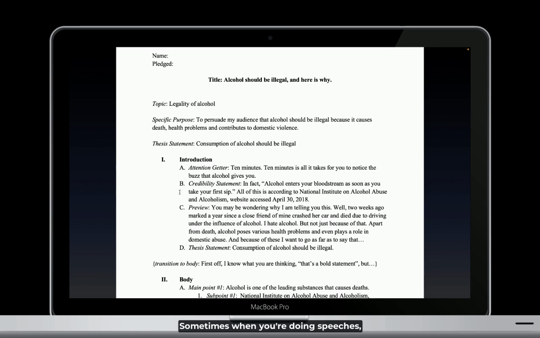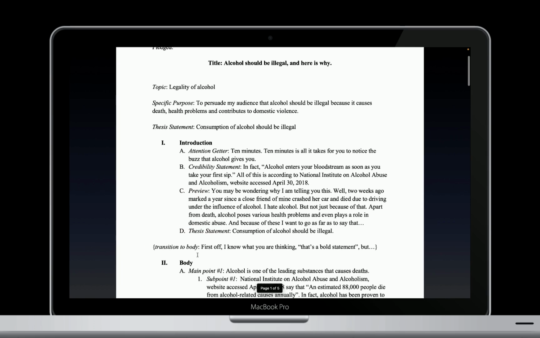Sometimes when you're doing speeches, especially persuasive ones, you want to include some kind of research in your introduction to establish the fact that you have done research on this topic and thus are a credible source of information. You also want to have the preview, which is where you go over briefly the points that you're going to touch on. Oftentimes the preview is an extended version of the specific purpose. And then at the end, you want to make sure you include your thesis statement.